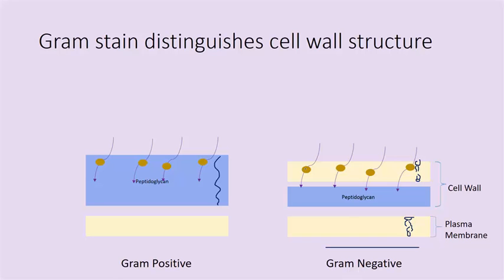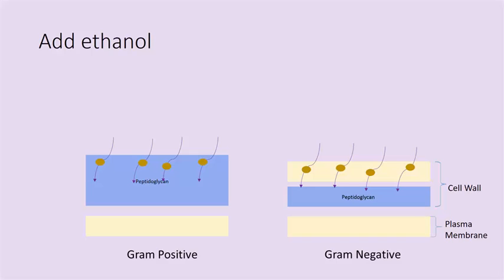The next step is to add ethanol or alcohol to the slide. And so what the addition of ethanol does is to remove this plasma membrane layer on the top of the peptidoglycan in only the gram-negative cell wall. So when you add the ethanol, it basically strips away or dissolves that lipid layer that sits on top.